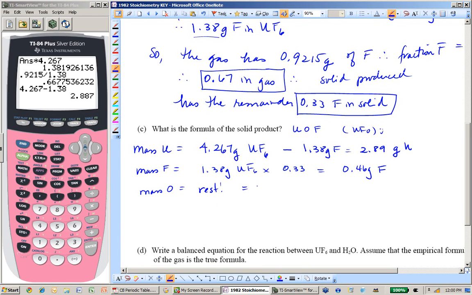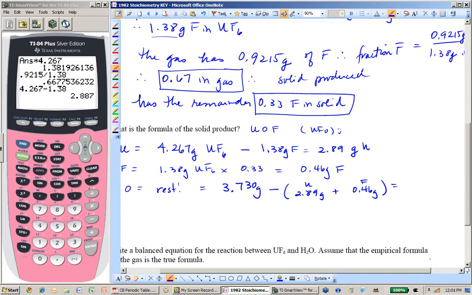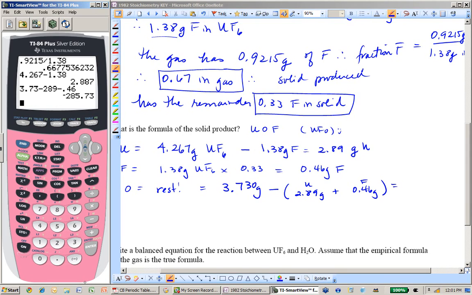So it's 3.73 minus the sum of the 2.89 grams of uranium plus the 0.46 grams of fluorine. Simple subtraction.